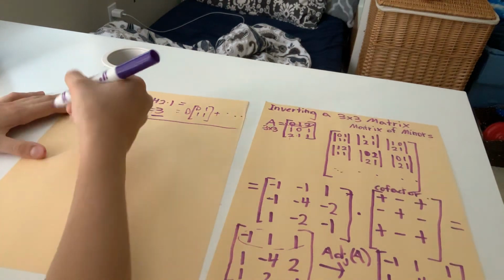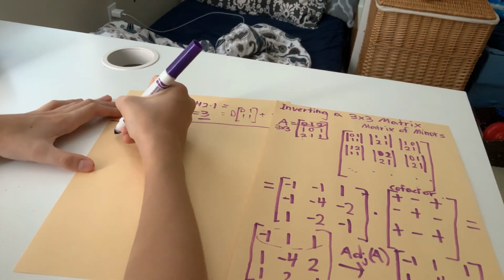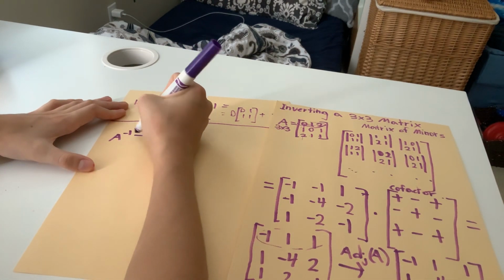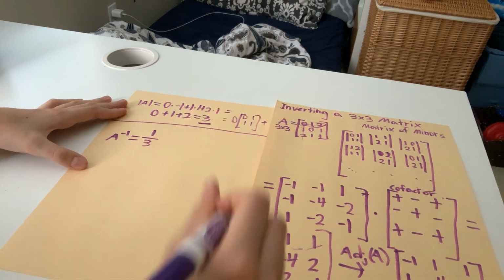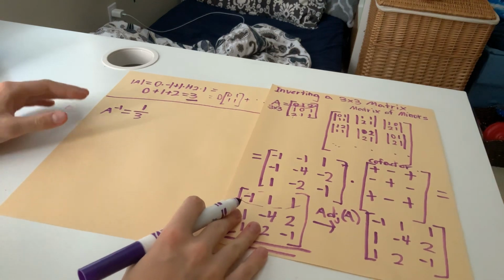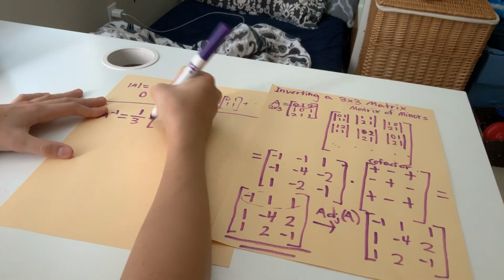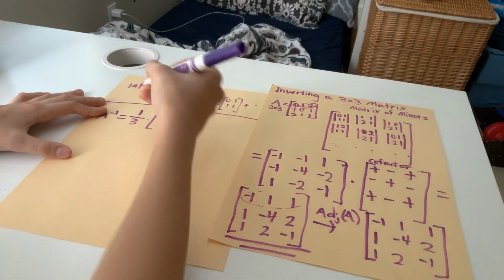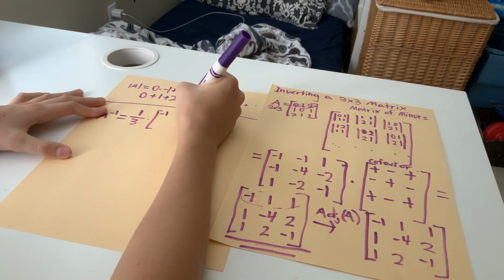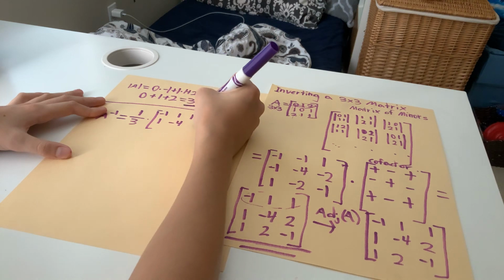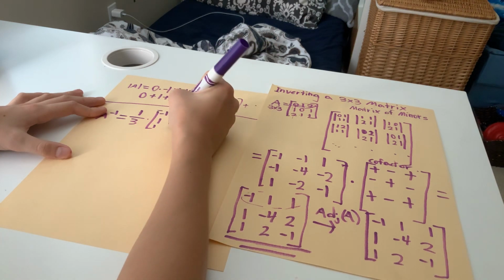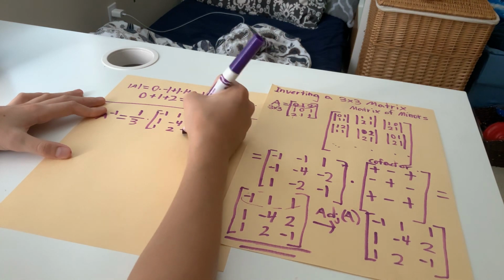Anyway, let's start plugging this into our formula. A to the negative first power is equal to 1 over 3, right? Because that's the answer we derived. Multiplied by our adjugate, which is equivalent to our cofactor. It's -1, -1, 1, 1, 1, -4, 2, 1, 2, -1.